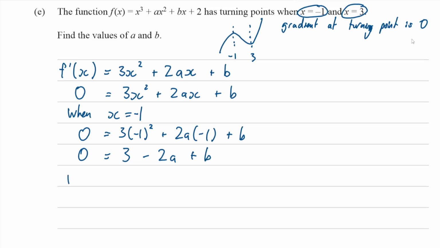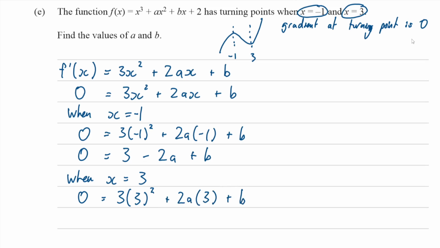However, we can also use when x is equal to 3. Right, so let's try that. So substituting into our gradient function again, but this time with x equal to 3. So 0 equals 3 times 3 squared plus 2a times 3 plus b.